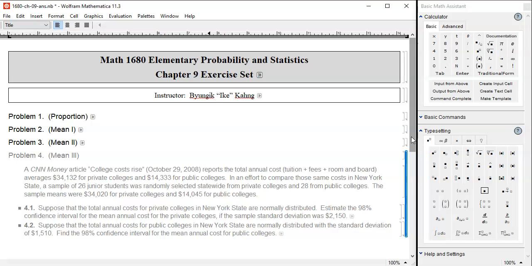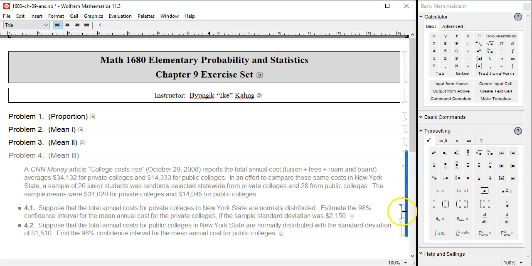Anyway, let's begin. Suppose that the total annual costs for private colleges in New York State are normally distributed. Estimate a 98% confidence interval for the mean annual cost of the private colleges if the sample standard deviation was 2,150.